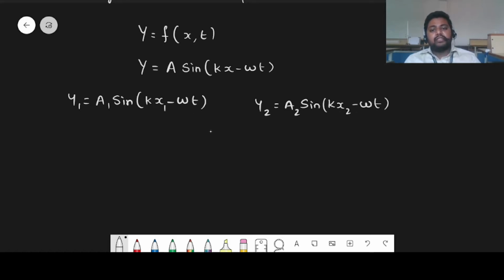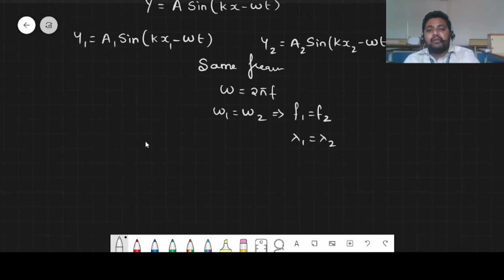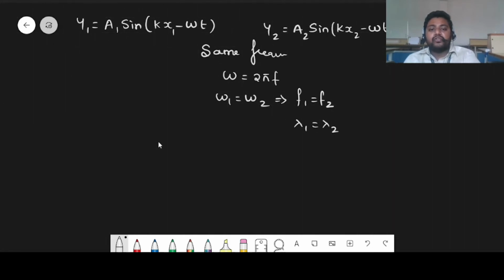In these two equations, if you observe, they have the same frequency because omega is the same. Omega is nothing but 2 pi f. If omega 1 is equal to omega 2, that implies frequency 1 is equal to frequency 2. That means wavelength lambda 1 should be equal to wavelength lambda 2. So when the wavelengths are equal, they should have the same color. When the frequencies are the same, we call them coherent sources.